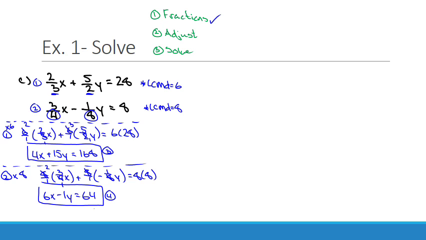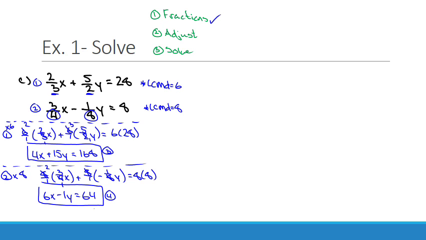Now I have to start caring about setting up my elimination. So within these two lines, I've got to find opposite terms. So I see 4x and 6x. I mean, I can make them into 12s, one of them positive, one of them negative. The 15y and the negative 1y, I could just turn equation 4 into having negative 15y, and then that would be what I could eliminate. So you can eliminate the x's or the y's.